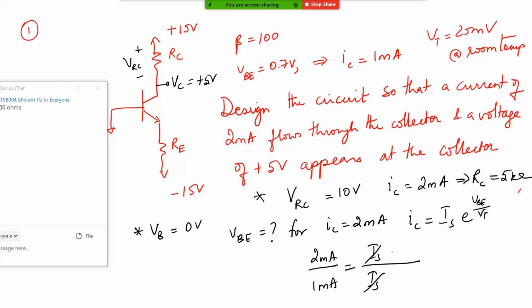You'll have e to the power of VBE2 that you need to find out, which you don't know, e to the power of 0.7 by VT. Now if you solve this, you will get VBE2. What is VBE2? Sir, is it 0.717 volts? Correct.